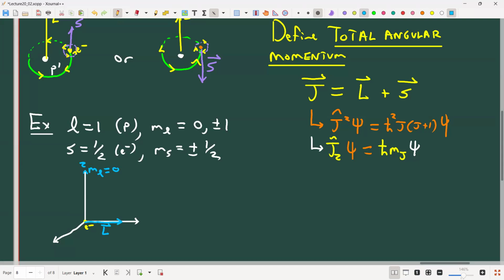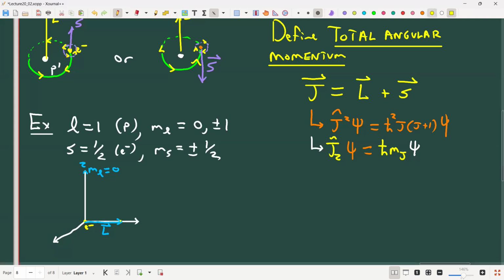Okay. And then we're going to add a spin to it. The angular momentum is pointing in this direction. We're going to add a spin, and let's pick one or the other, right? We either have spin pointing up, that's M sub S equals plus 1/2, or M sub S equals minus 1/2 pointing down. One of these is clockwise and one's counterclockwise. That's the only difference between the two, just the helicity of the rotation.